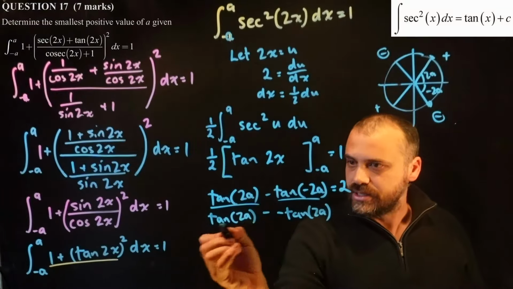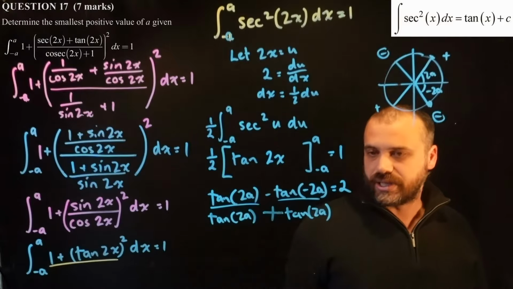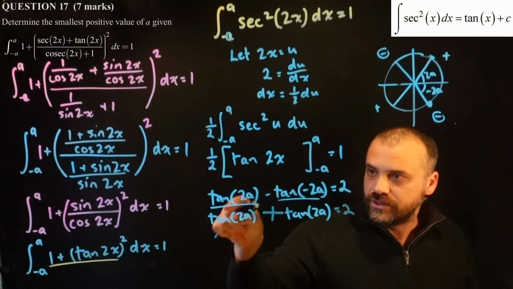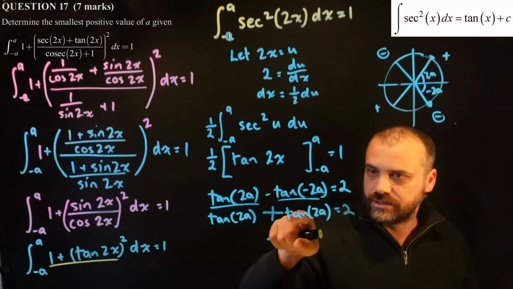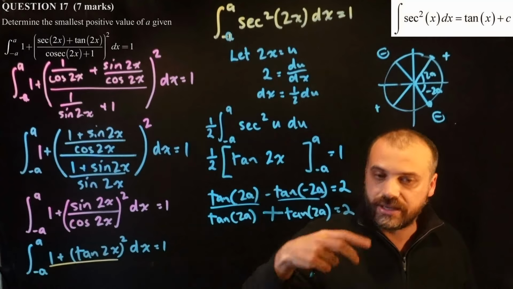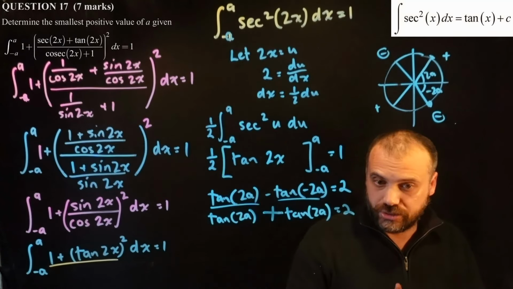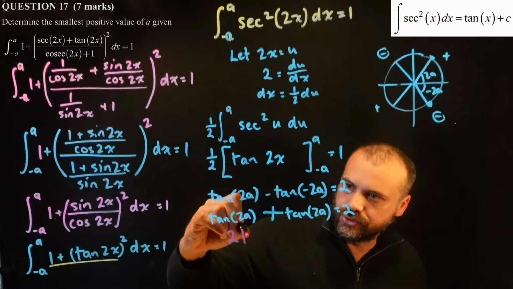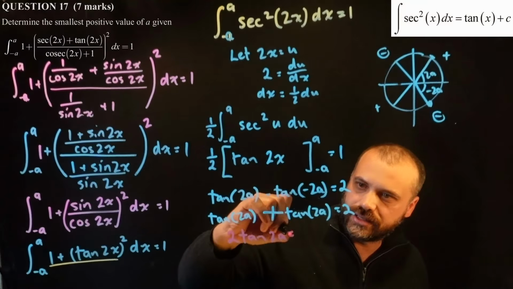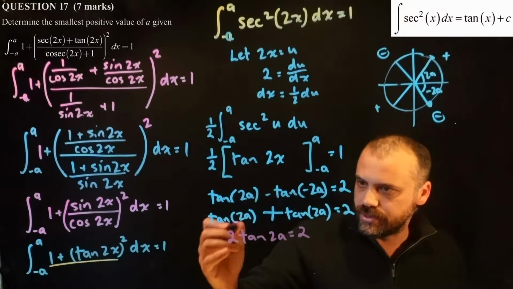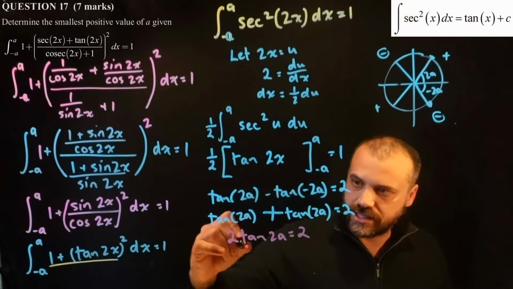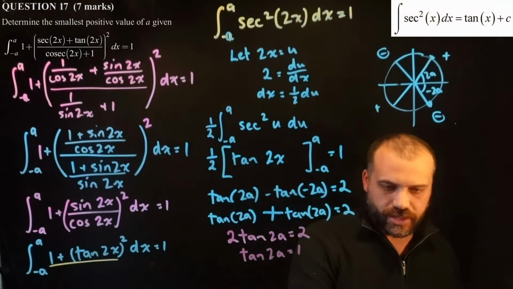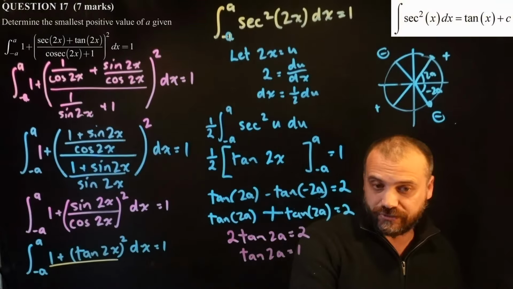So we're left with tan 2a plus tan 2a is equal to 2, which is 2 tan 2a. I'll just get rid of these because it looks like I've written a fraction. All right, so I've got 2 tan 2a is equal to 2, which of course means that tan 2a is equal to 1. And now we just need to solve for 2a.